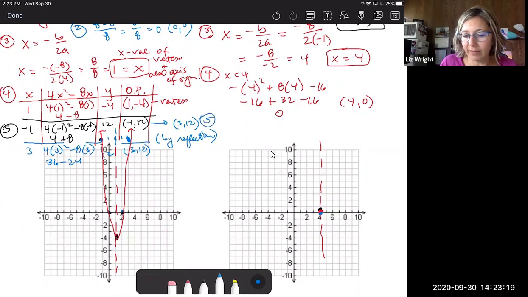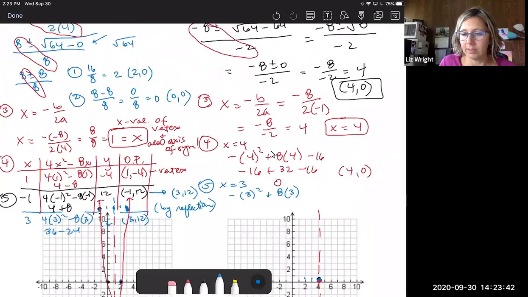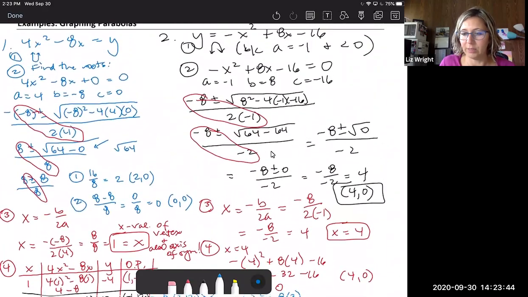So step 5, we've used x equals 4. What's another good x value to use that's close to the vertex? And I would say let's try maybe x equals 3, and then we're going to try x equals 2. So let's try x equals 3, and then we're going to have negative 3 squared plus 8 times 3, and I think it's just minus 16, right?